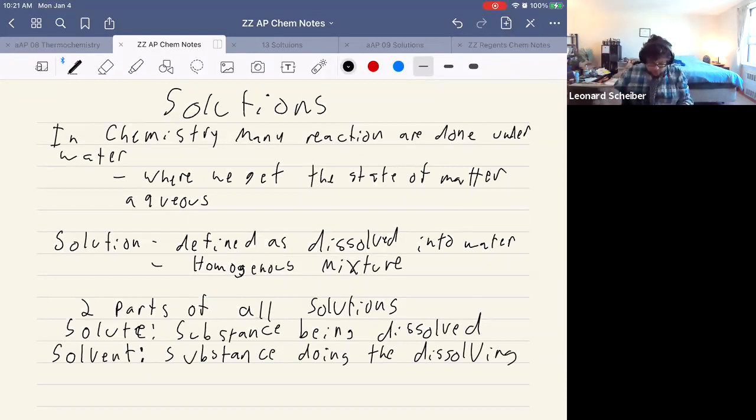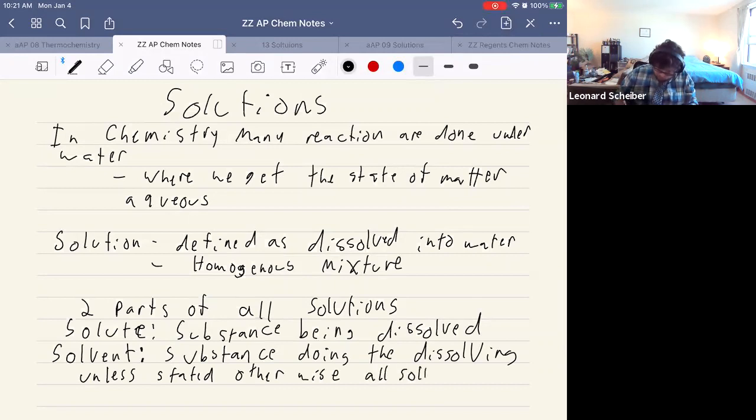And really, for solutions, unless stated otherwise, all solvent in chemistry is going to be water. Most times, a solution solvent is water.